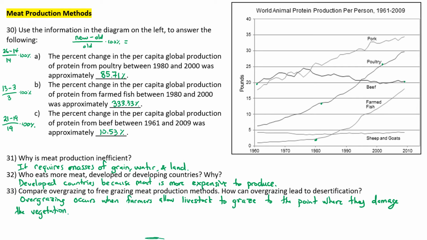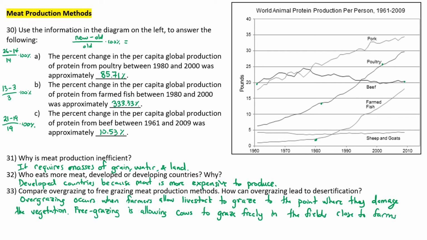Free grazing is allowing cows to graze freely in the fields close to farms and dairies.